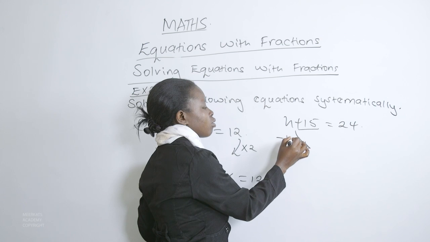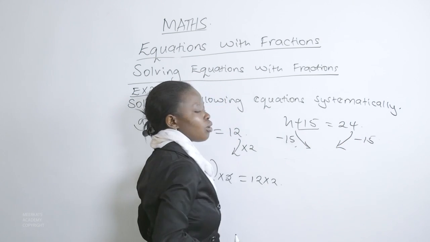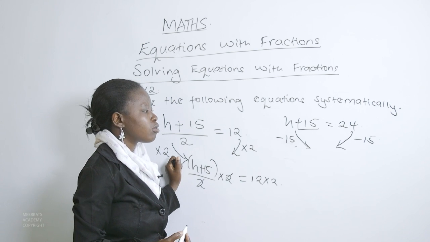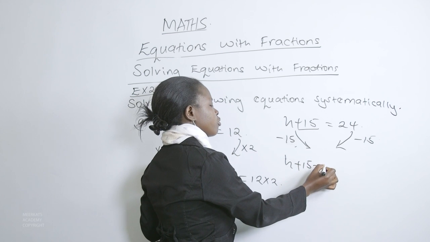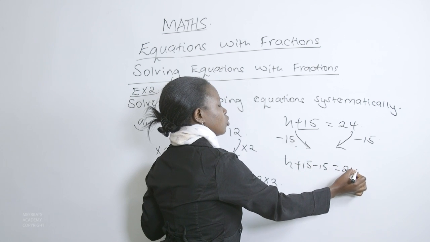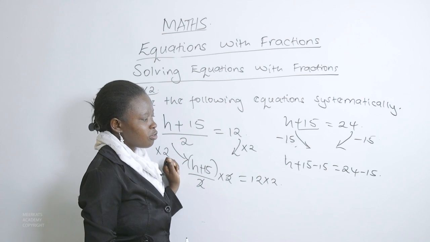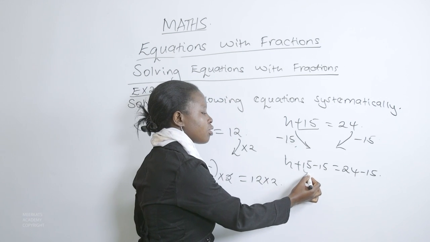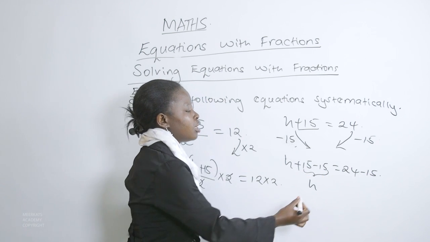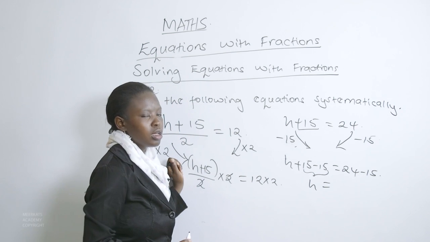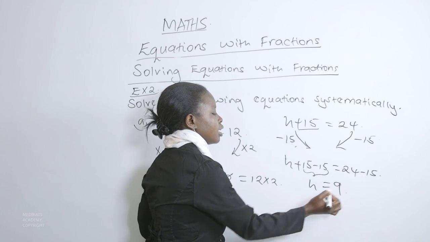So this is minus 15 on the left hand side and minus 15 on the right hand side, so that we have h plus 15 minus 15 will be equal to 24 minus 15. 15 minus 15 gives us 0, so that we are left with h on the left hand side. Then on the right hand side, 24 minus 15 gives us 9.